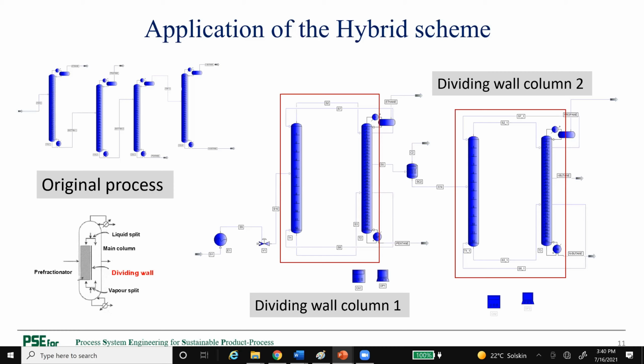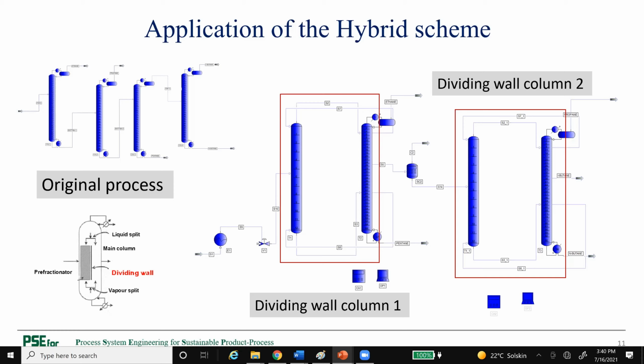So the middle 2 are not very interesting, but the first 2 and the last 2 can be combined, which also becomes interesting. So this kind of alternatives can easily be generated and also be verified through simulation. So there is no intensification here in the way that we talked about in terms of phenomena, but we can go directly to a dividing wall column as long as our rules for combining the columns into a dividing wall column are satisfied.